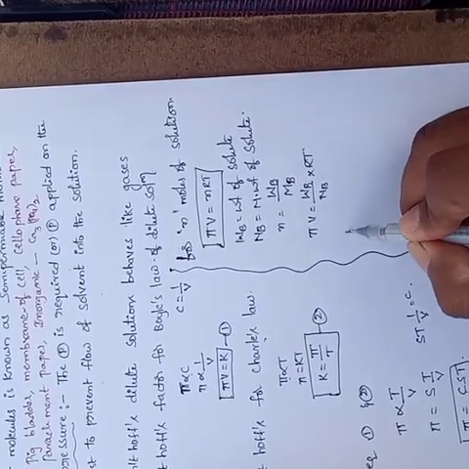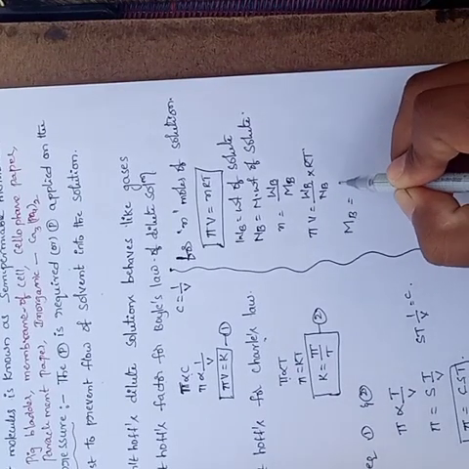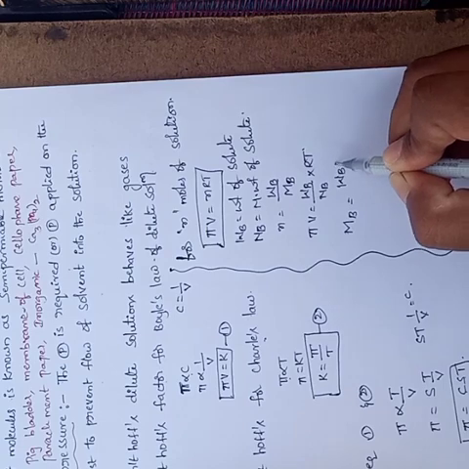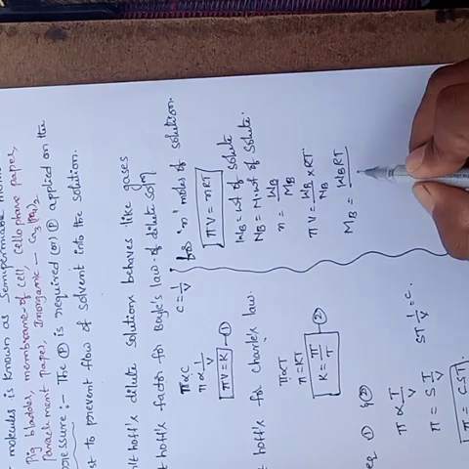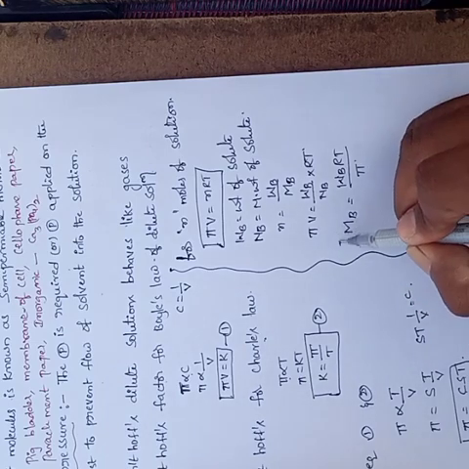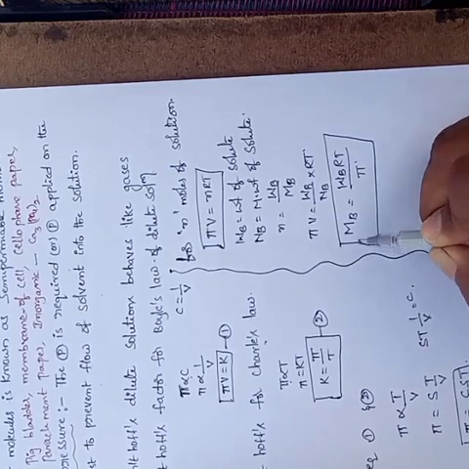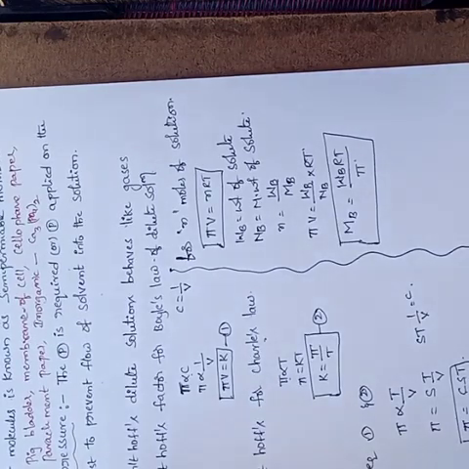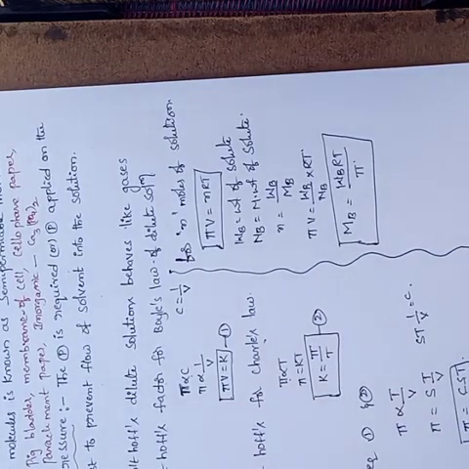Then from this equation, Mb is equal to Wb RT by pi V. This equation is useful to calculate the molecular weight of the solute by using the osmotic pressure.